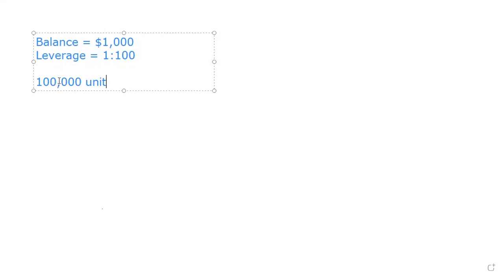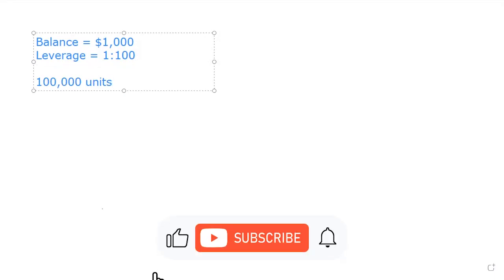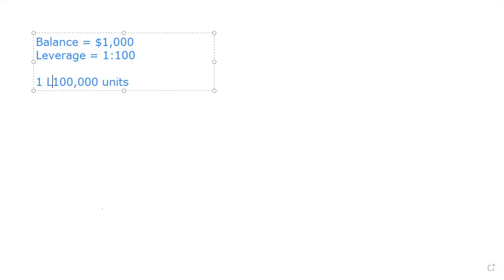You will need $100,000 to buy just one lot size. Are you getting me? One lot size is equal to 100,000 units. So now if you have a leverage of 1:100, what this means is you don't need a whole $100,000 to be able to buy one lot size of US dollar.